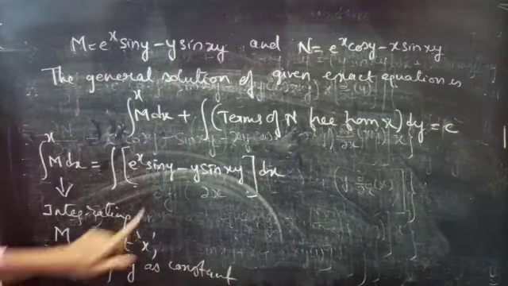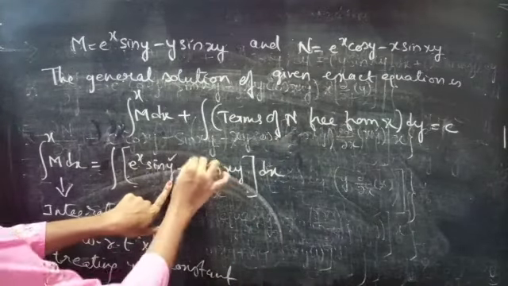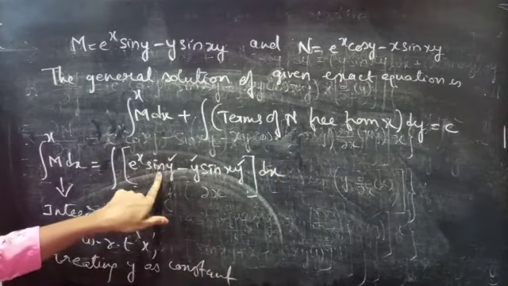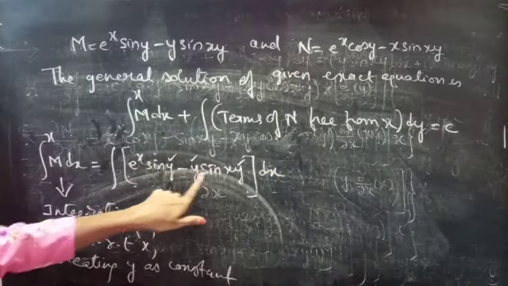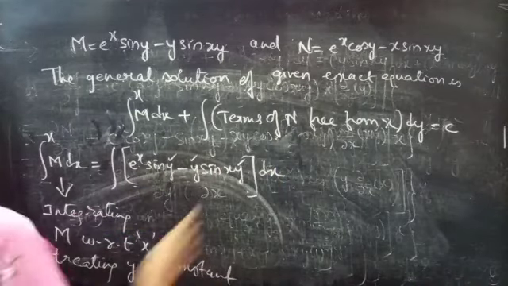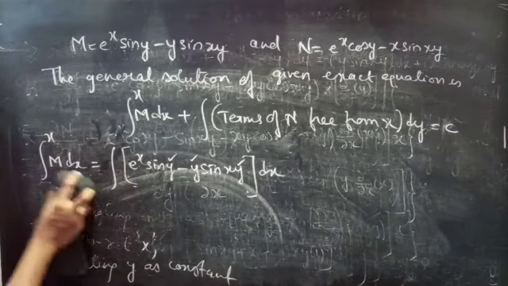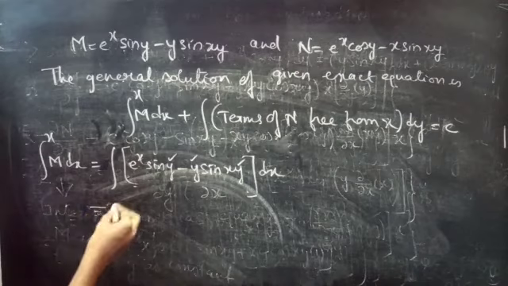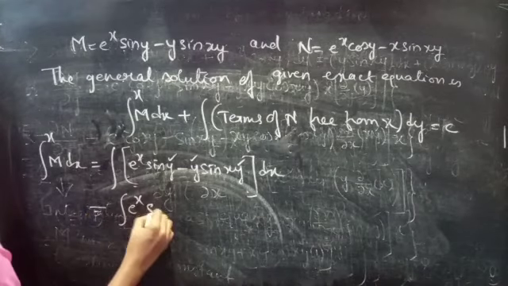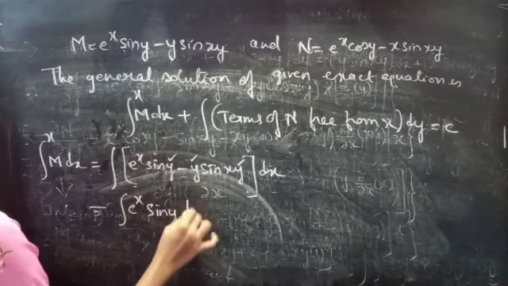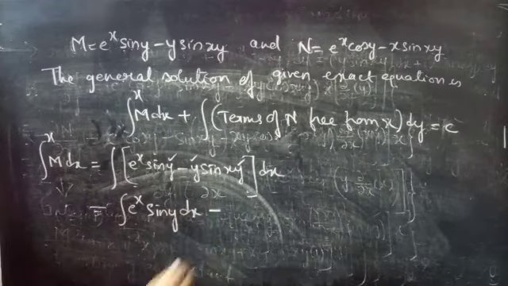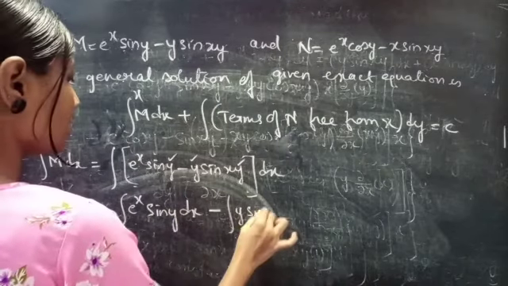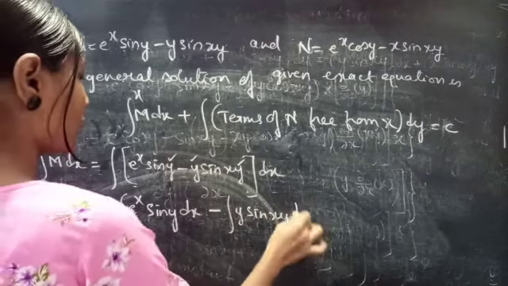Since y is constant, we can treat sin y as constant and here y as constant. This is equal to the integral of e^x sin y dx minus the integral of y sin xy dx.